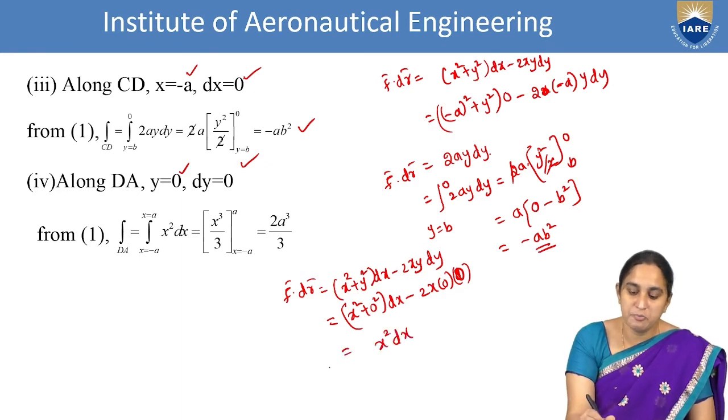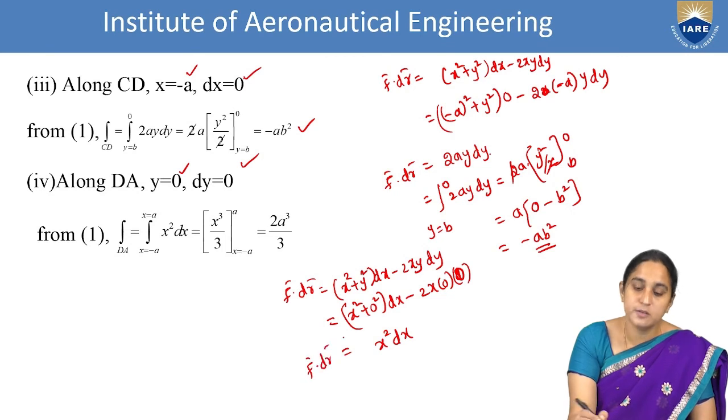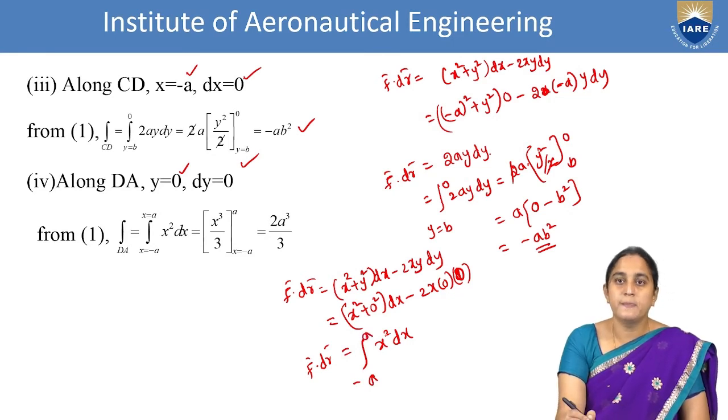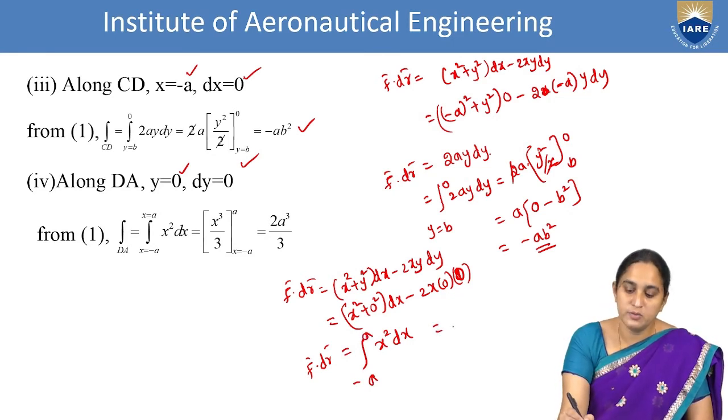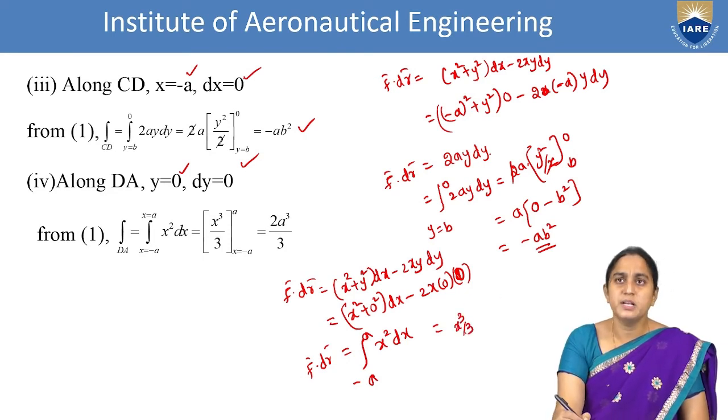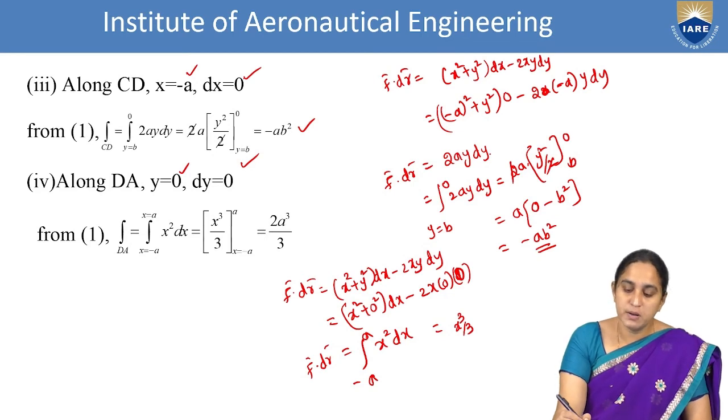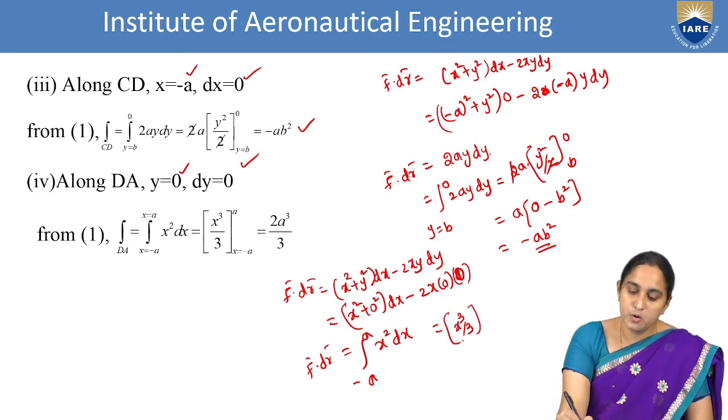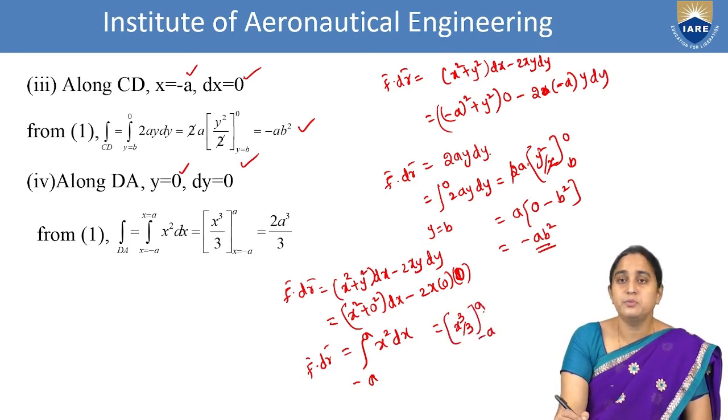Along DA, f bar dot dr bar is in terms of x, therefore the x limits from the diagram are minus a to a.